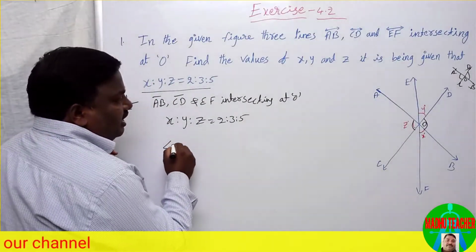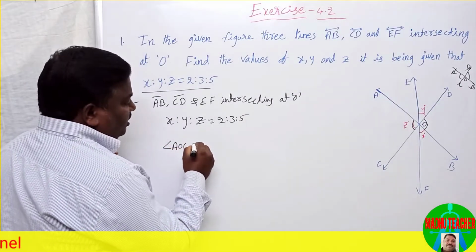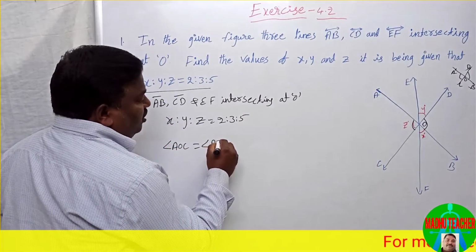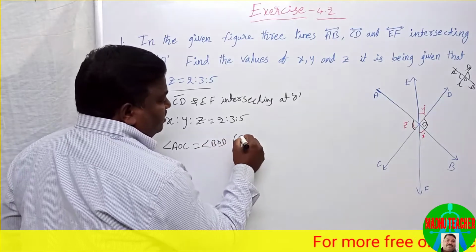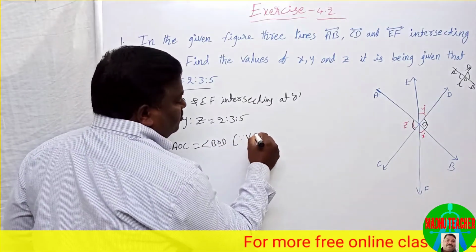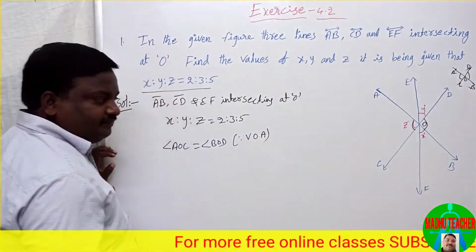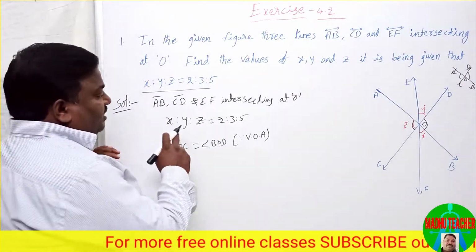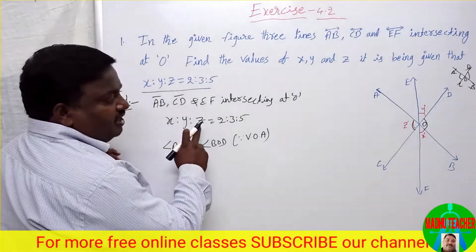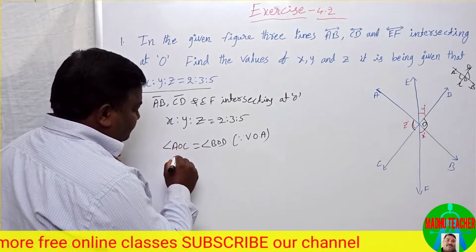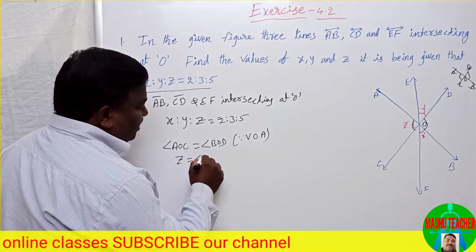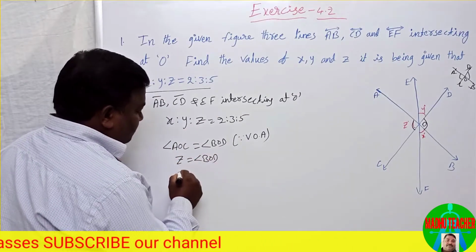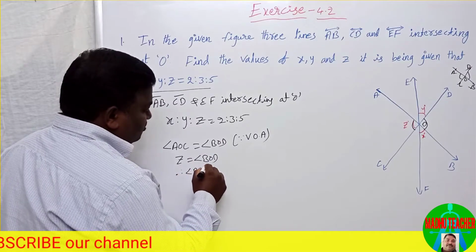So angle AOC equals angle BOD, since vertically opposite angles. AOC equals Z, so Z equals angle BOD. Therefore, angle BOD equals Z.